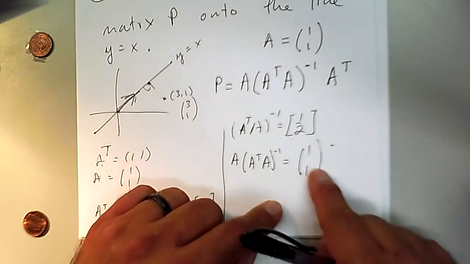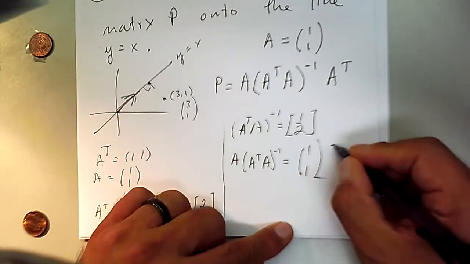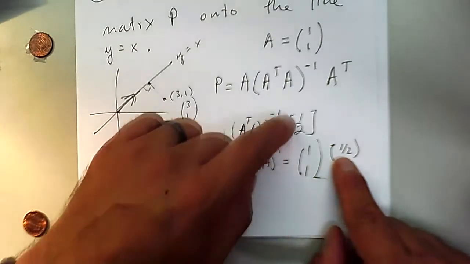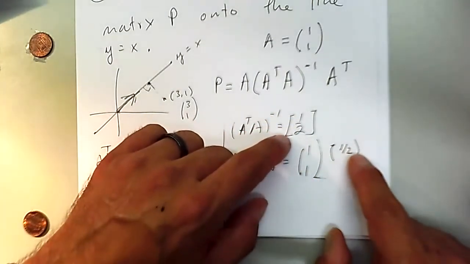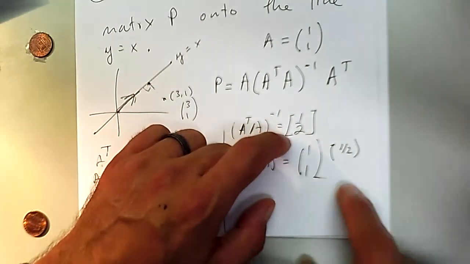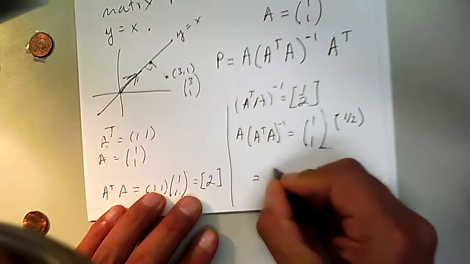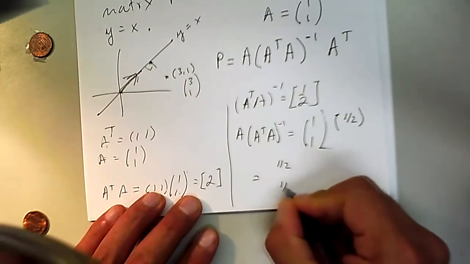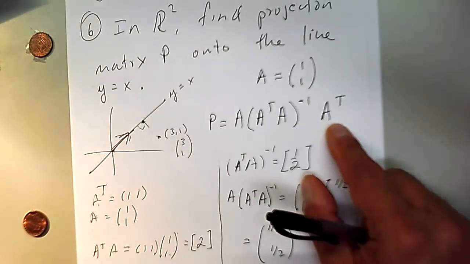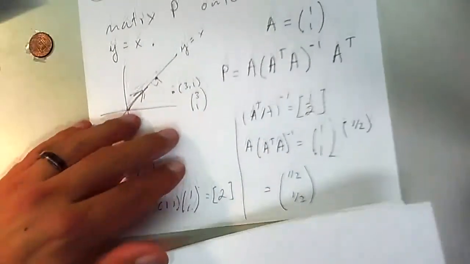This is 2 by 1 multiplied with a 1 by 1 matrix, so the result is going to be a 2 by 1 matrix. So we do 1 times 1/2. So that's going to give us 1/2 and 1/2. And then we multiply by the transpose.